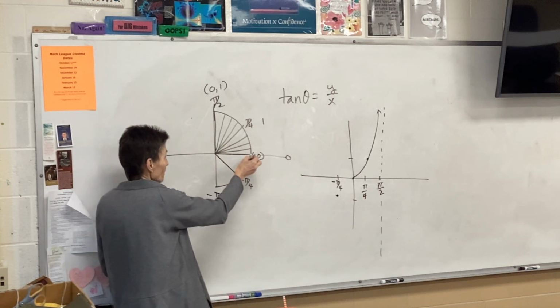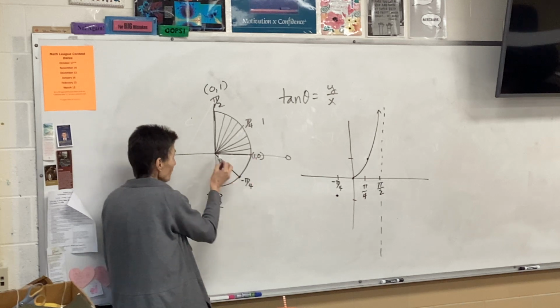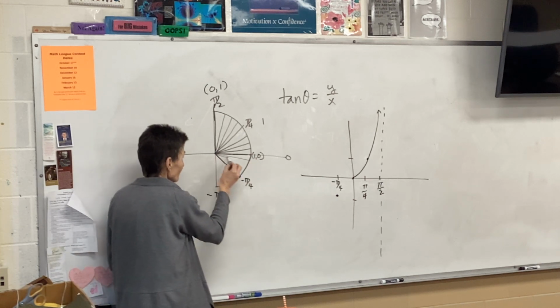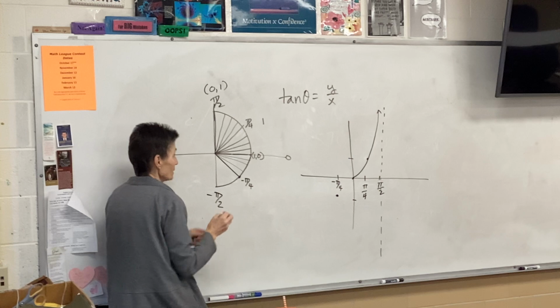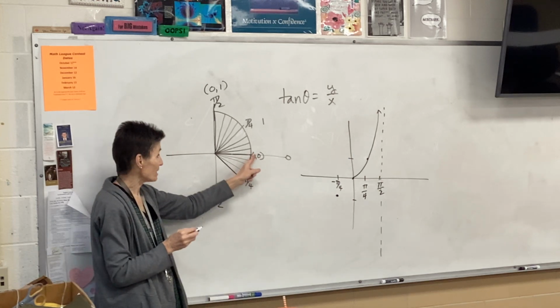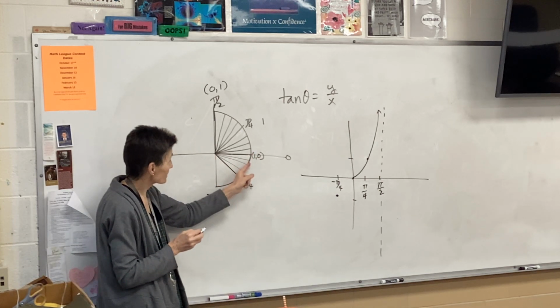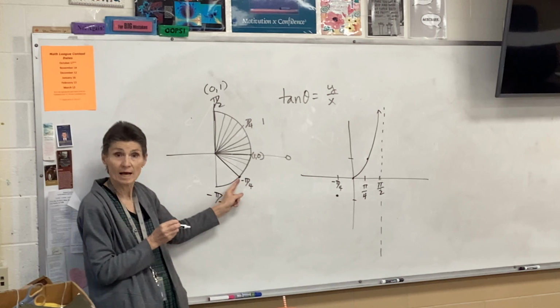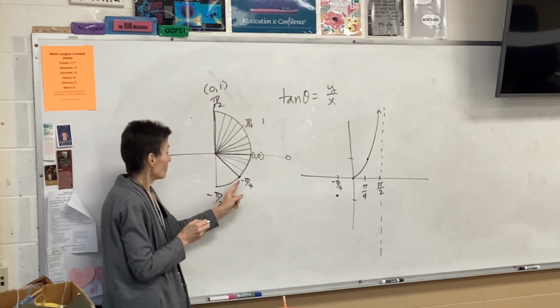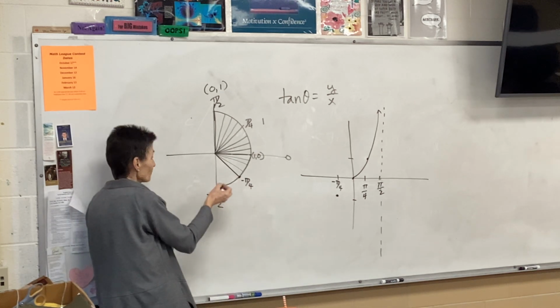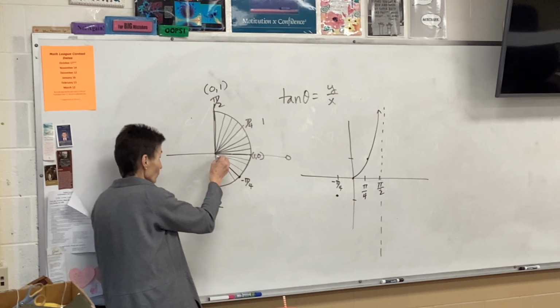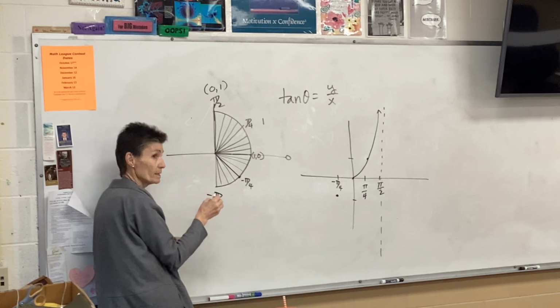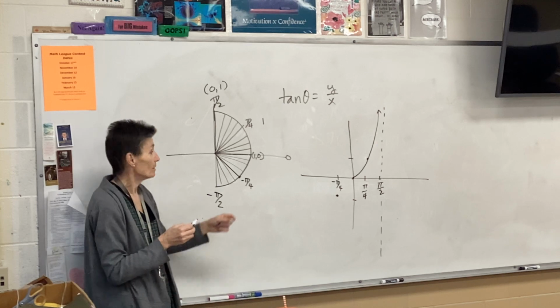Now, what's happening in here? Well, aren't the slopes decreasing? They're going from 0, and they're getting less and less all the way down to -1. But then what happens here? Well, they're getting really, really steep.